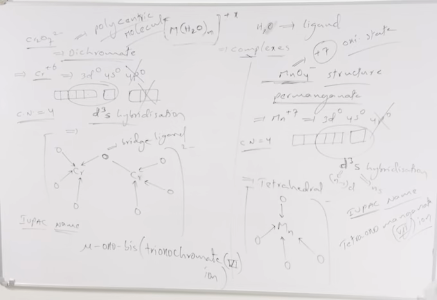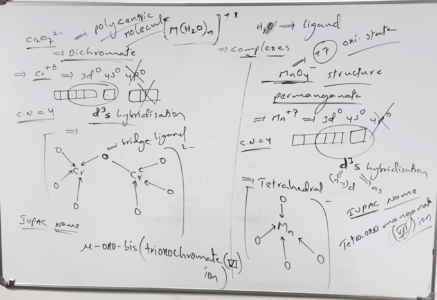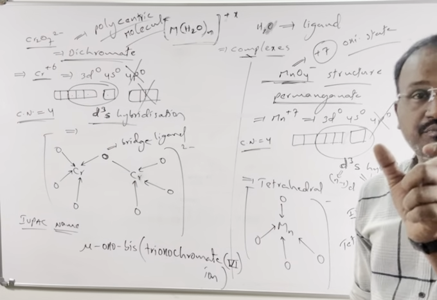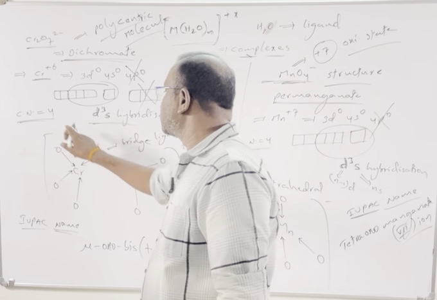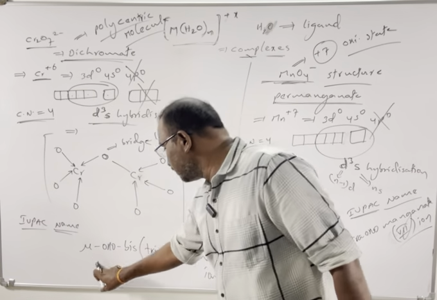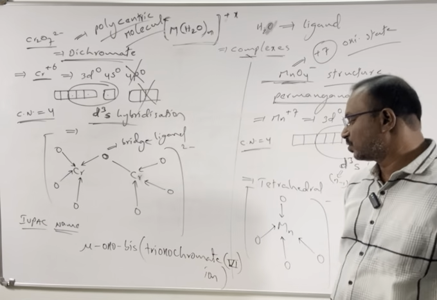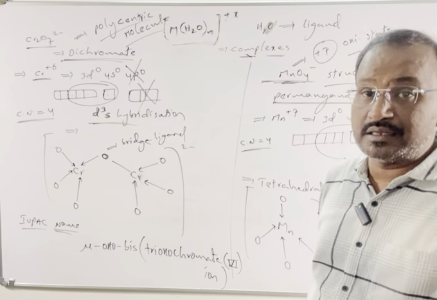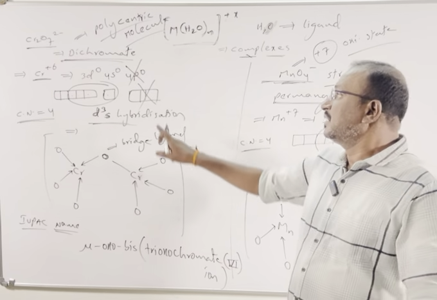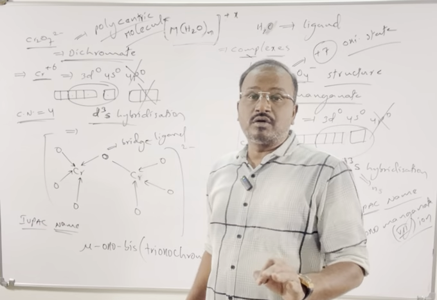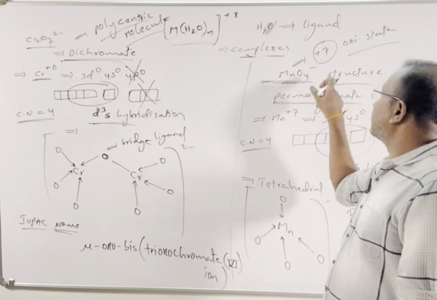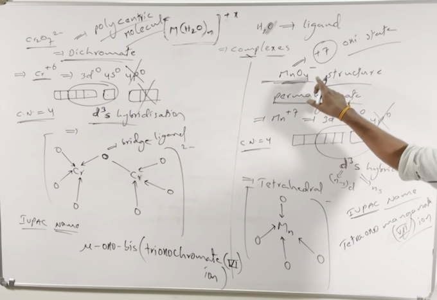Generally, when a bridge ligand is there, according to IUPAC naming we have to use the prefix mu, and its coordination number is 4. It is mu-oxo-bis(trioxochromate). This is the actual IUPAC name of dichromate ion. Dichromate is not the IUPAC name. Permanganate is not the IUPAC name for MnO4-.